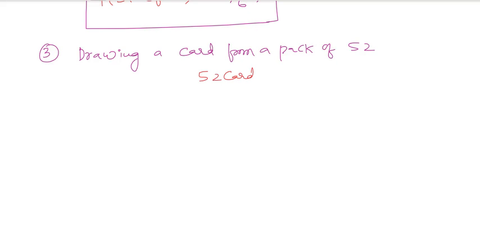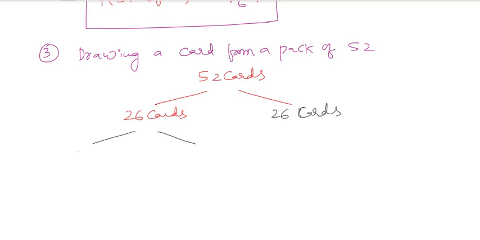Out of these 52 cards, 26 cards are red and 26 cards are black. Am I right or not? Again, these 26 will be divided into 13 cards each, classified into 13 and 13.